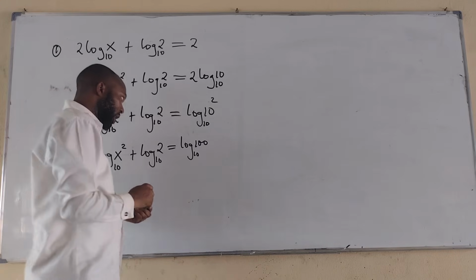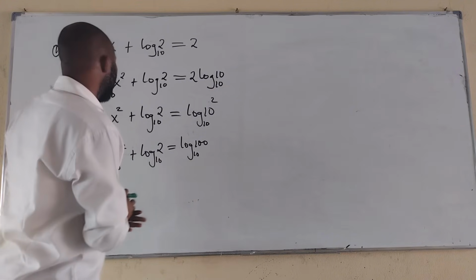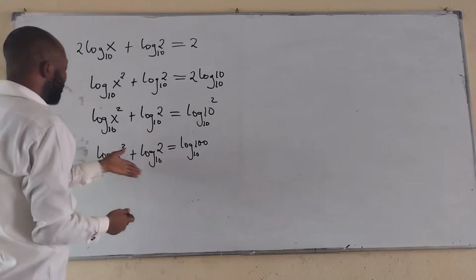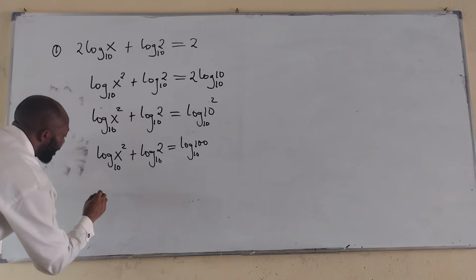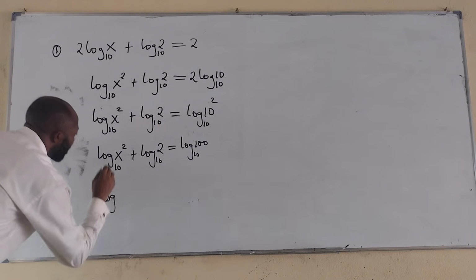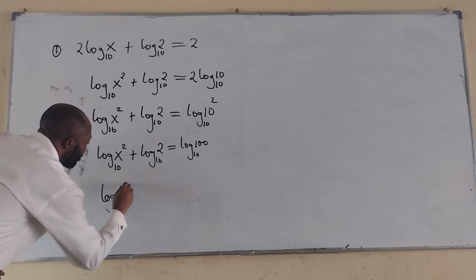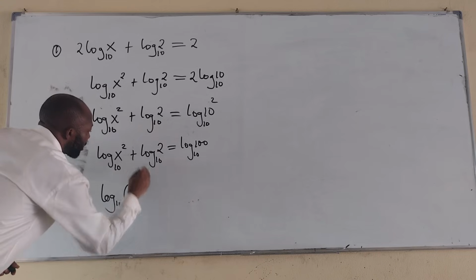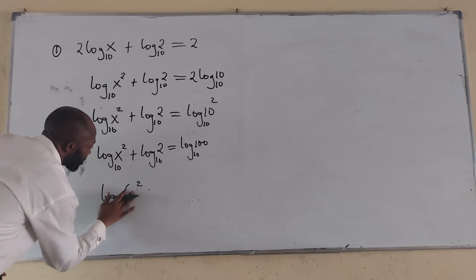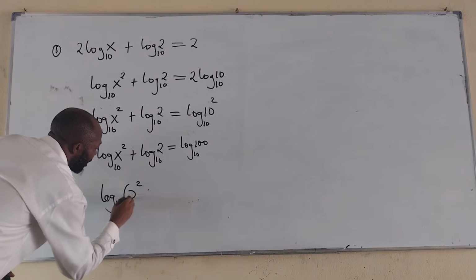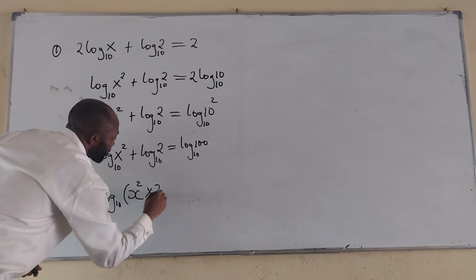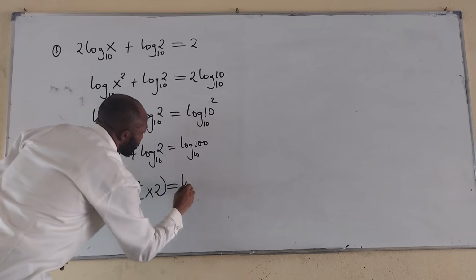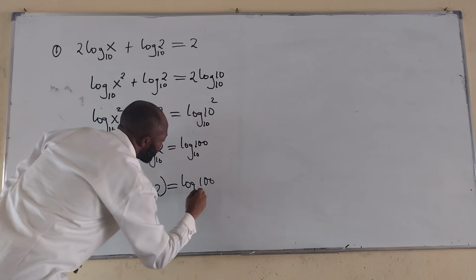So let us see what we do here. On the left hand side we have a plus sign, which means we multiply. So I can have log in base 10 of x squared times 2 is equal to log 100 in base 10.